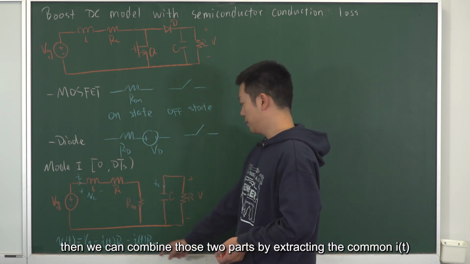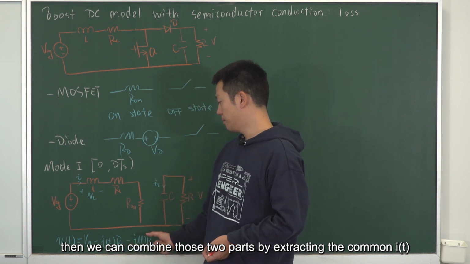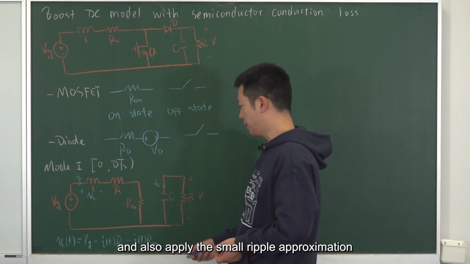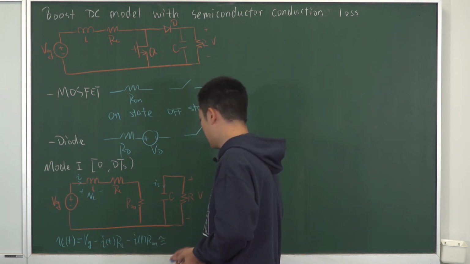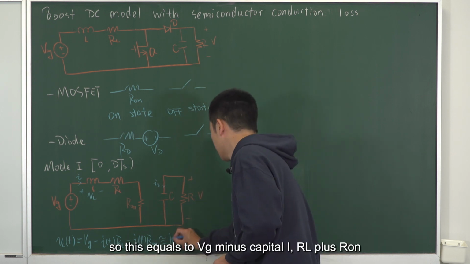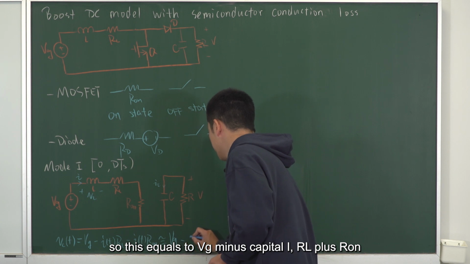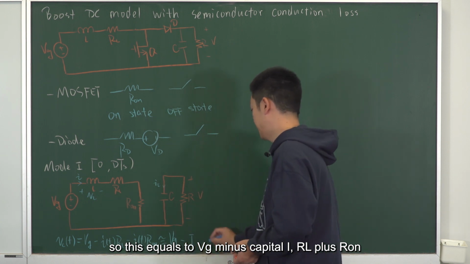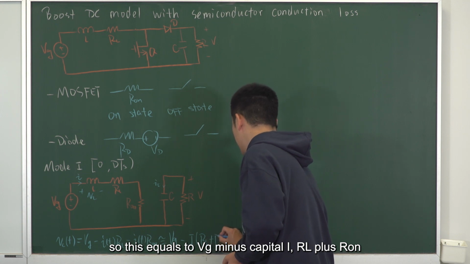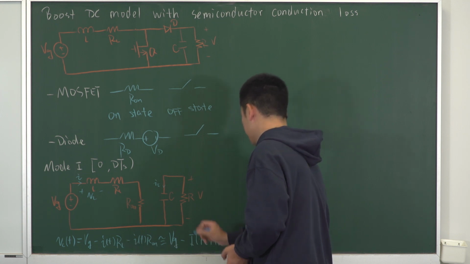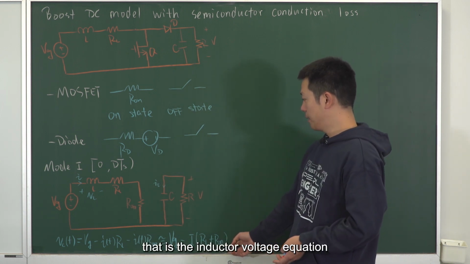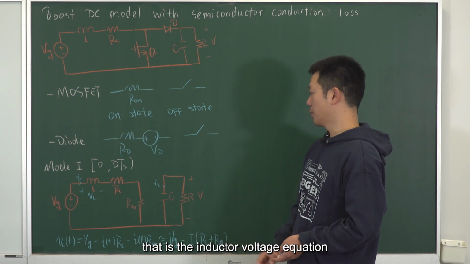Then we can combine those two parts by extracting the common I, and also apply the small ripple approximation, considering I as a DC quantity. So this equals VG minus capital I times RL plus R on. That is the inductor voltage equation.